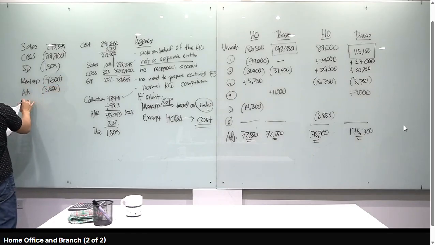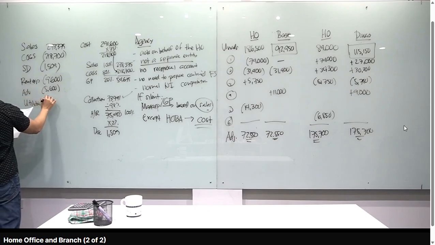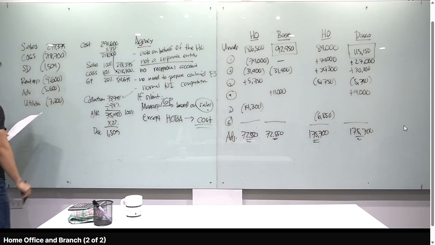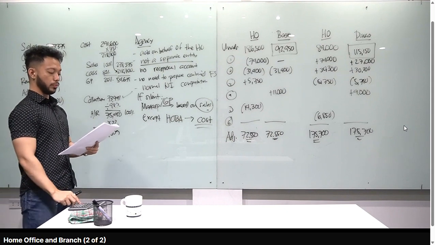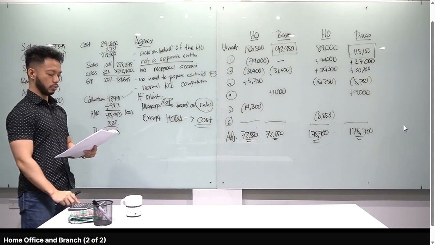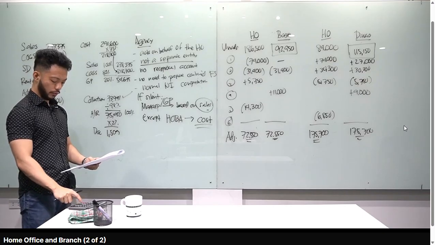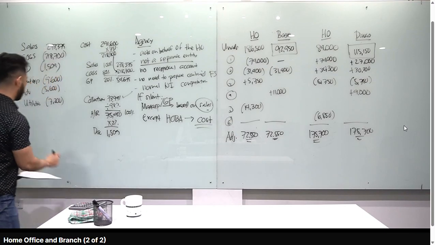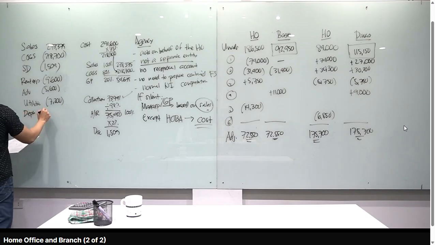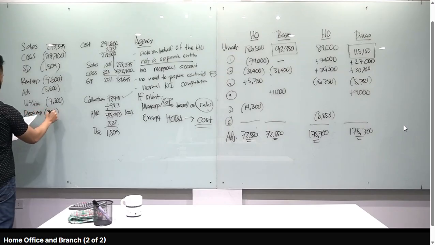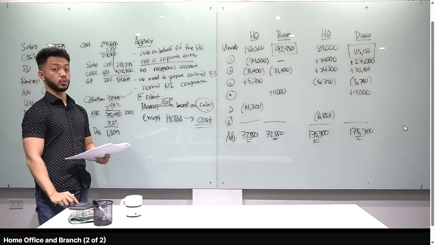Utilities, 7,200. It also purchased an equipment worth 9,000, which will be depreciated at 20% per annum. Kung 2 months lang, 9,000 times 20% times 2 over 12, yung depreciation ko is 300.